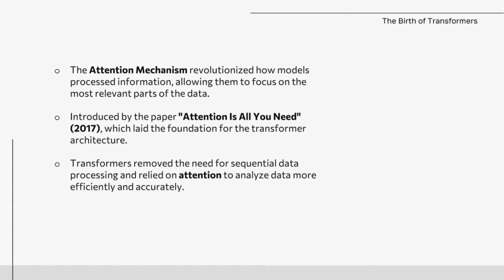Introduced in 2017, transformers brought a significant shift in how we handle sequential data, especially in natural language processing. They broke free from the limitations of sequential models and introduced a whole new approach to understanding the context in data. At the heart of this breakthrough was the attention mechanism, which transformed the way models could focus on different parts of the input data.